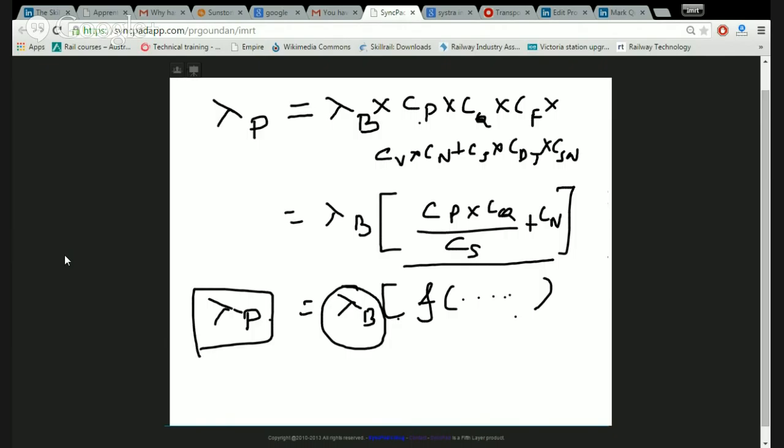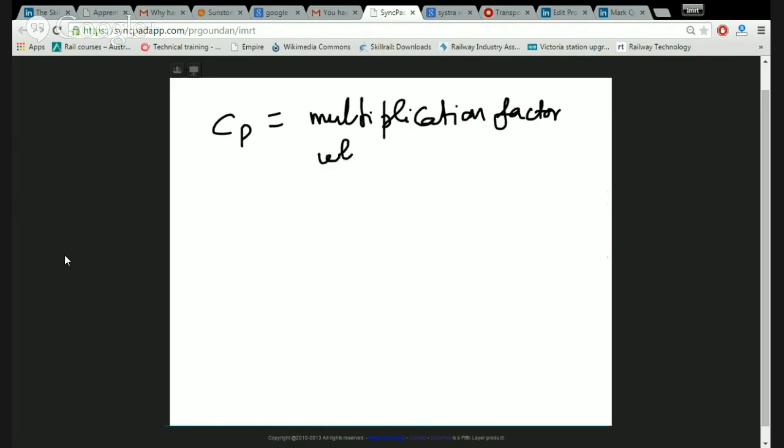Now, what are the components possible in mechanical? What are the C values? For example, CP, for example, I am giving, is a multiplication factor which considers the effect of fluid pressure.